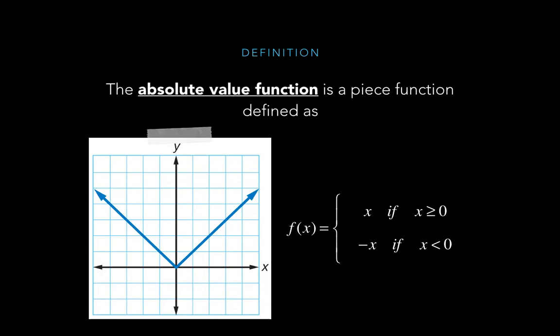They are x if x is greater than 0, and they are -x if x is less than 0. So it makes a V shape, because you have two lines that are perpendicular to each other and meet. Where they meet is where that V is formed.